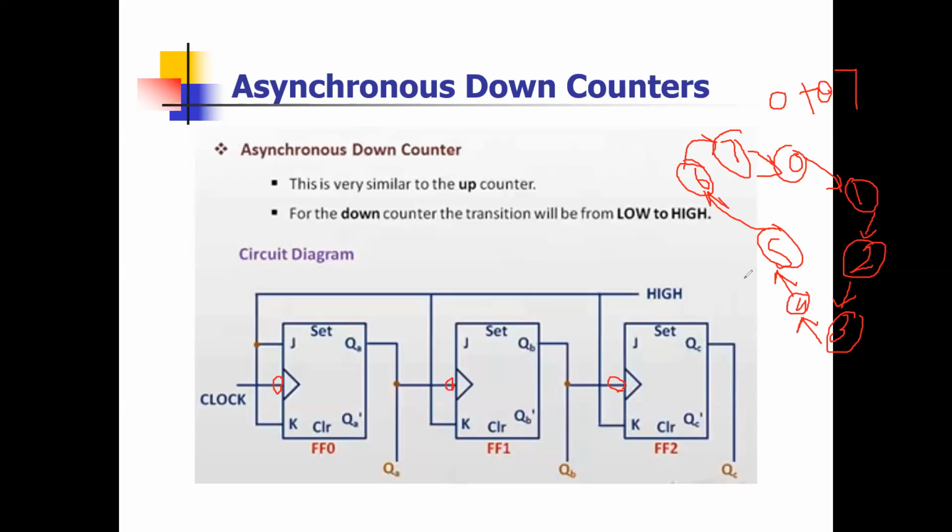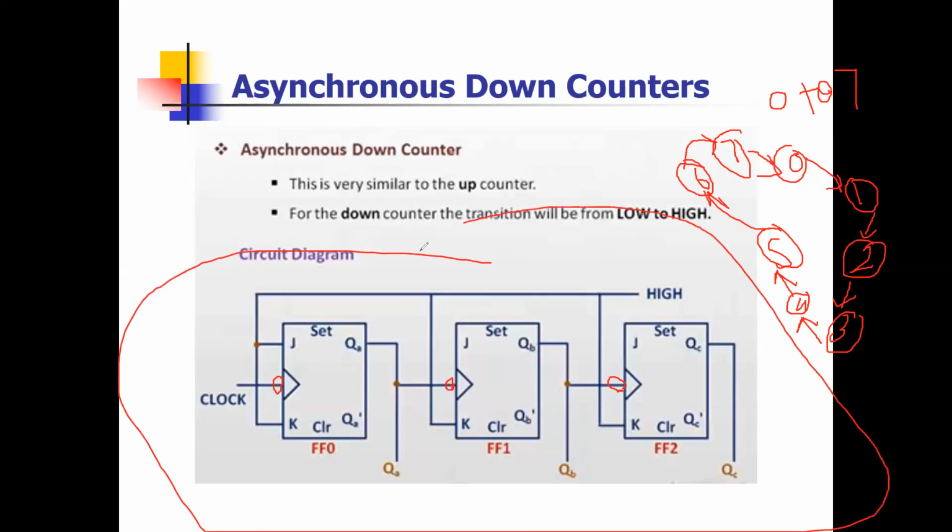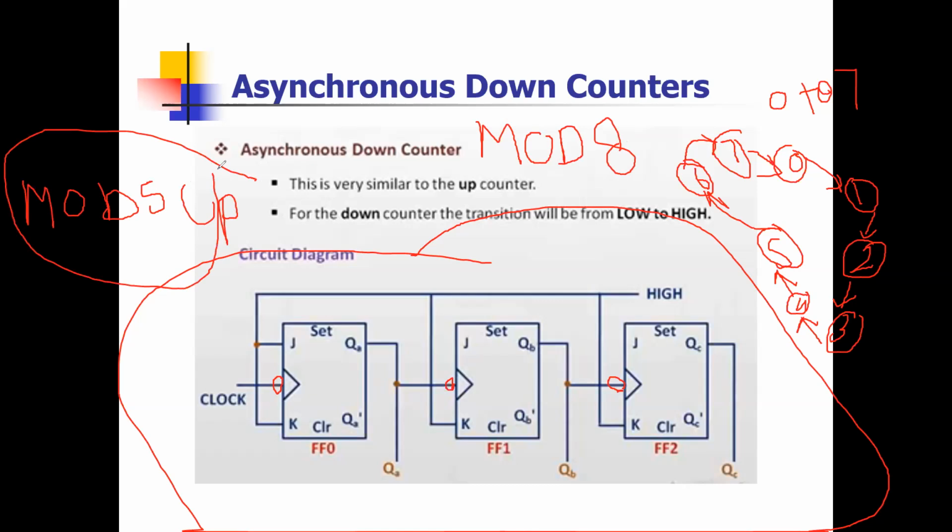Here, she asked me whether we can have a counter which goes from 0 to 5. For this counter with this circuit, what is the mod? Mod 8, very good. But if I want to design a mod 5 up counter, what do we mean by mod 5?